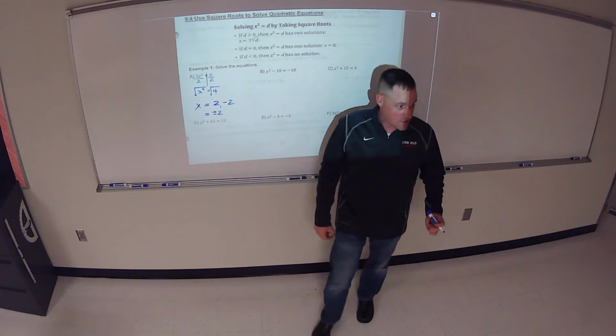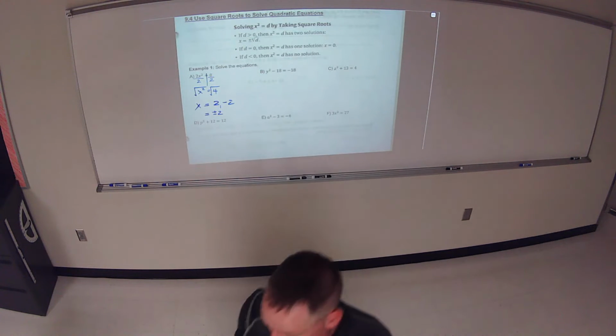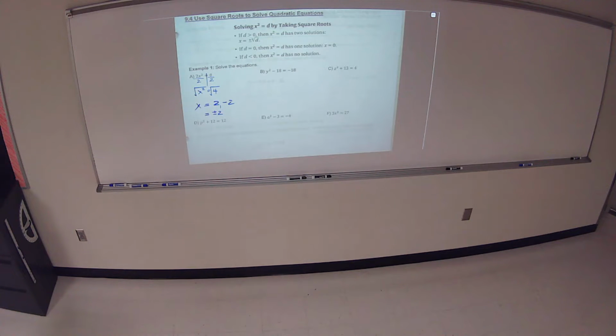All the plus minus is telling us is that one of the answers is a positive 2, one of the answers is a negative 2. Now, will we use this all of the time? No, because not all the answers are just going to be opposites. Sometimes you're going to get an answer of 5 and an answer of negative 8. The plus minus can't be incorporated there, okay? The plus minus can be here because the answers are opposites of one another.